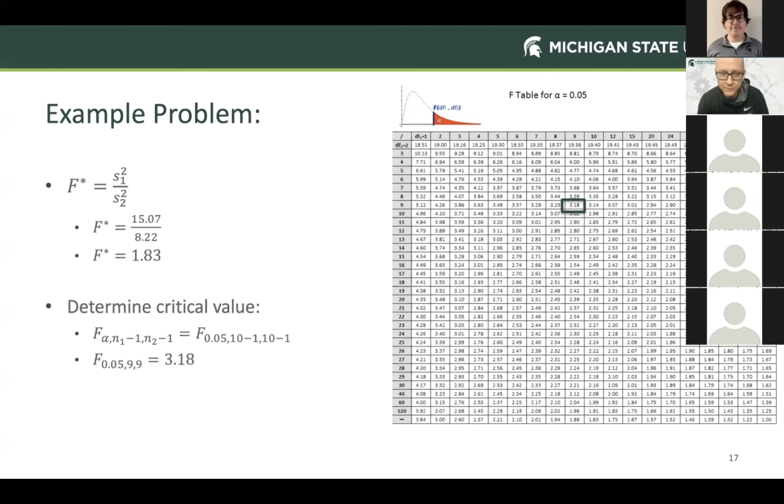So if the ratio of our first variance was more than 3.18 times as large as the variance of our second sample, we could reject the null. In this specific case, we're less than that upper critical value, and so again, we fail to reject the null, and we don't have sufficient evidence to claim there's a significant difference here in these respective sample variances, okay?